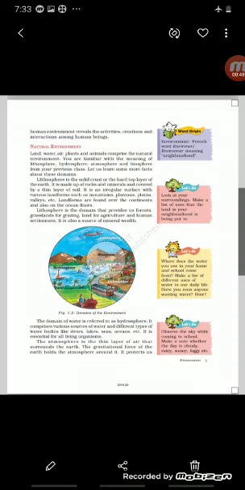Natural environment. Before going through the lesson, let us know about the term environment. Word origin. Look at the right side of the page. At the top, environment, French word environner.